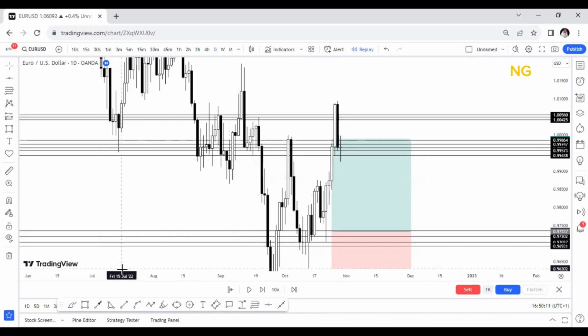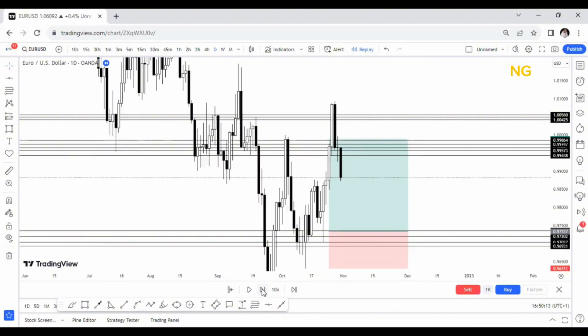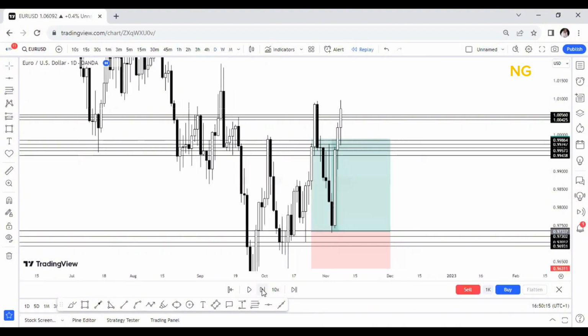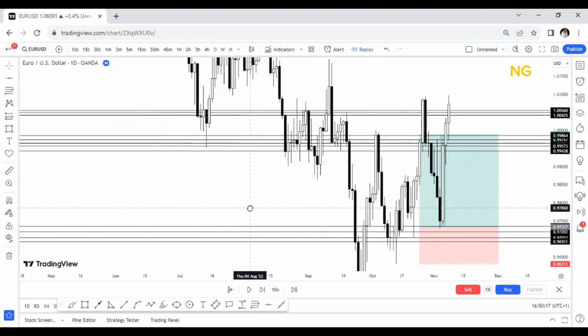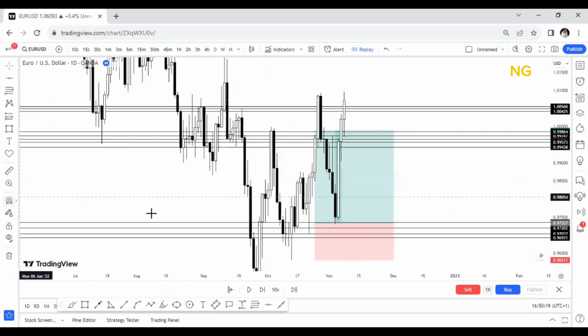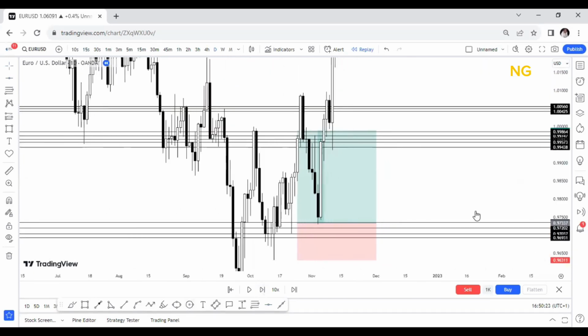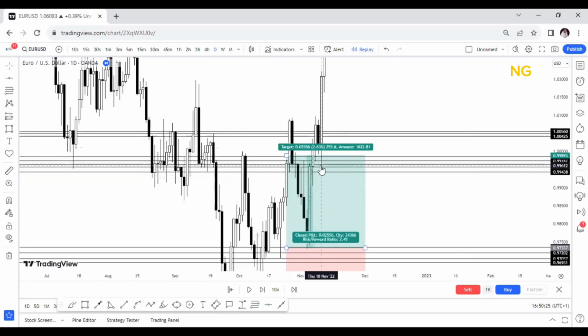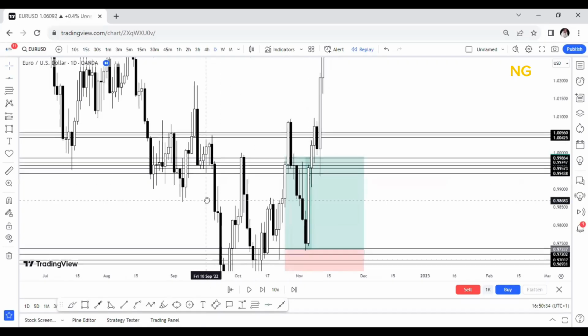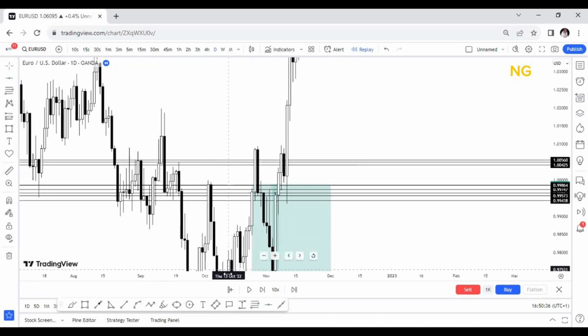So very close. And price may tap to come back into this place because it's strong. Price taps into this place. 1, 2, 3. Then in the past, how about this area? You can imagine the congestion areas.